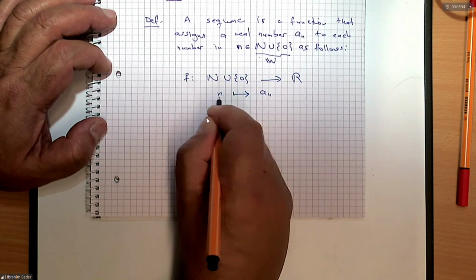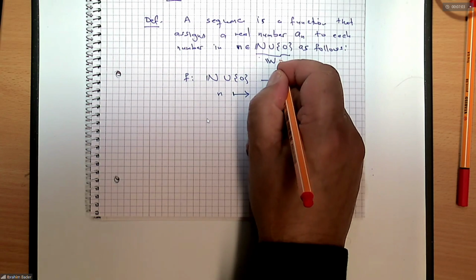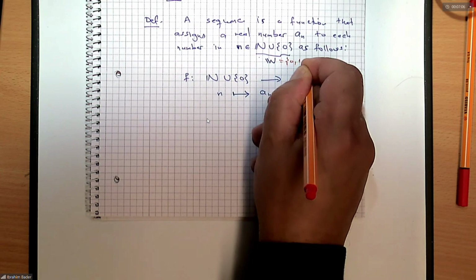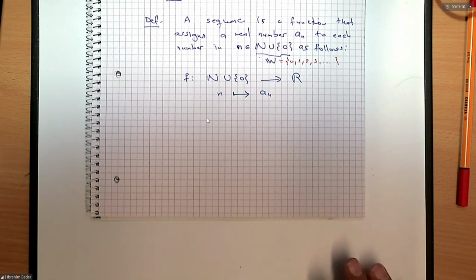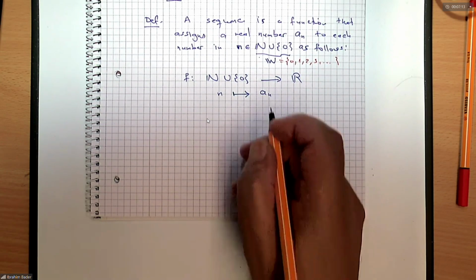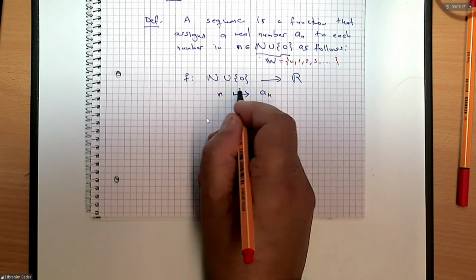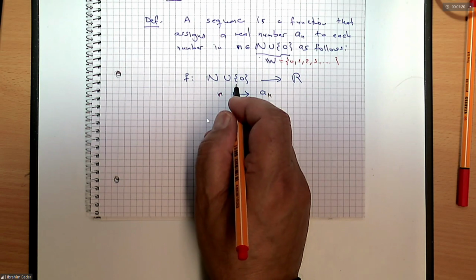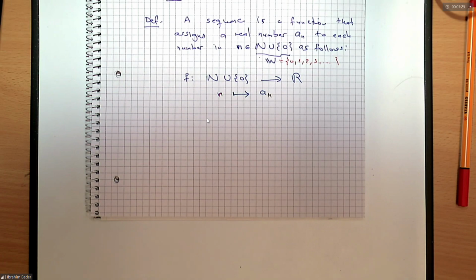Actually, this is here the explanation. If I take an element here, so obviously, what are the elements of this set here? This set contains the elements 0, 1, 2, 3, and this is actually an index here. So this is an index. So for instance, if we agree to use N united with 0, then the first element will be a sub 0, okay? Second element a sub 1, and so on.